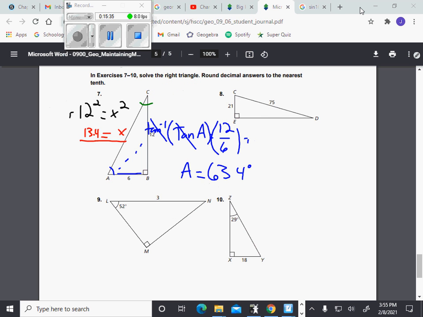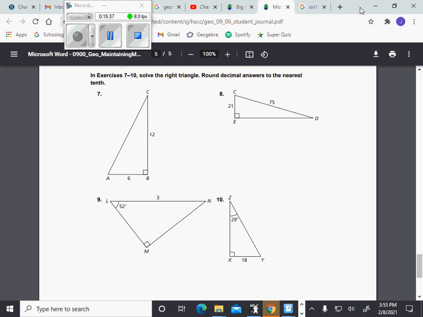On to number 8. If I want to find this side here, then we're going to do the same process. We know that 21 squared plus x squared is equal to my hypotenuse squared.